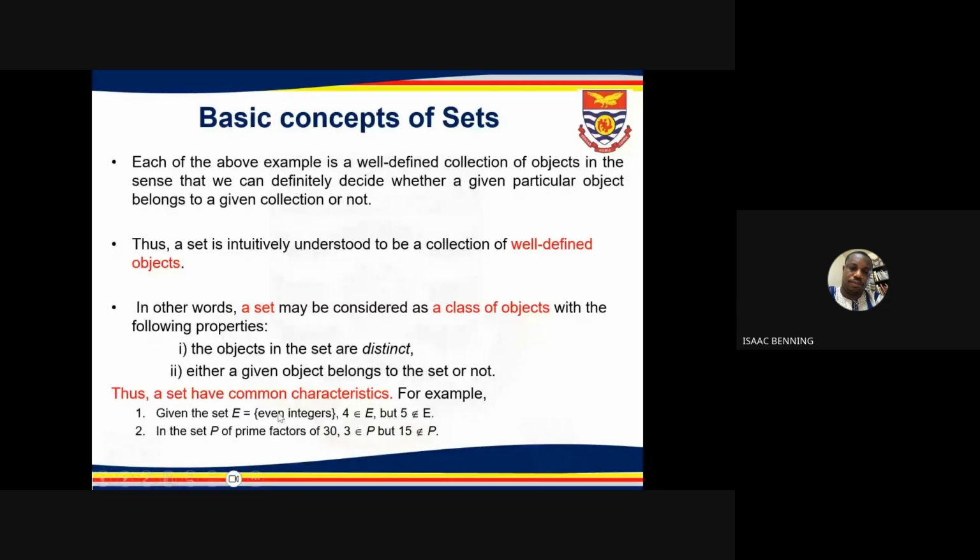You have to only list the even numbers. So you should have a common characteristic. When you look at example 2, in the set P of prime number factors of 30, we can say that 3 is a member of the set P, but 15 is not a member.